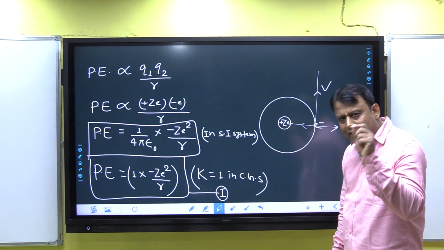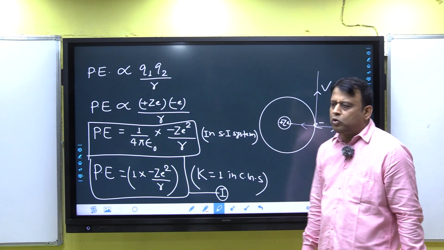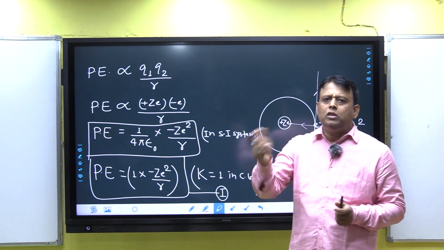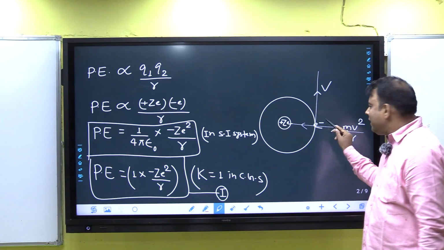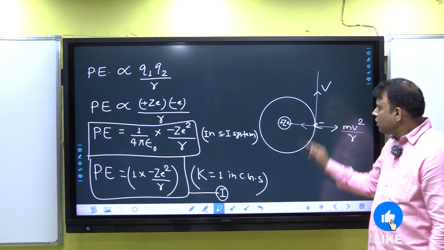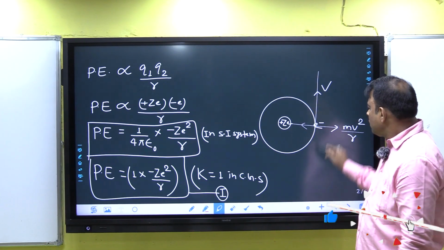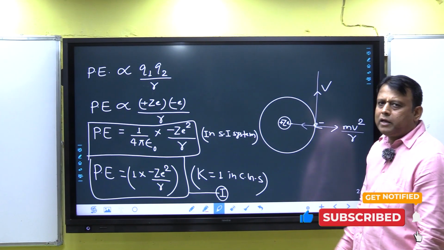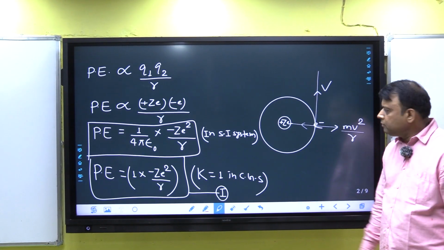And we know that proton and electron have equal charge with opposite sign, and an electron has minus e charge. This is orbit, and on circular path electrons move with velocity v.